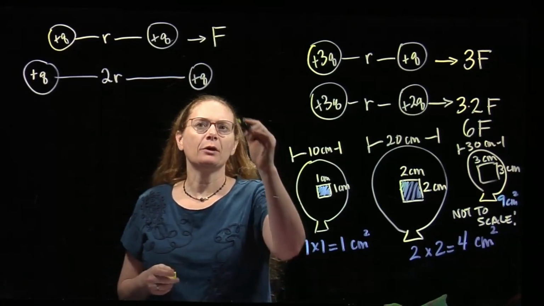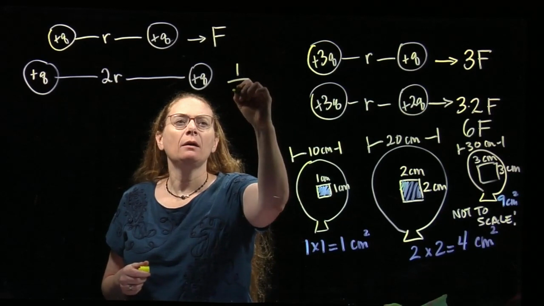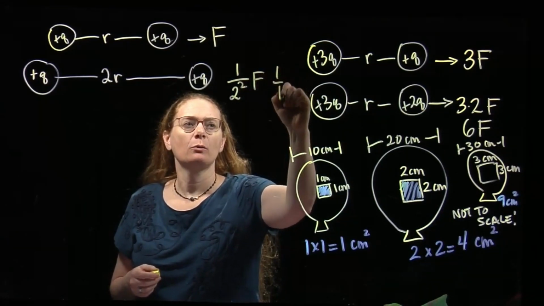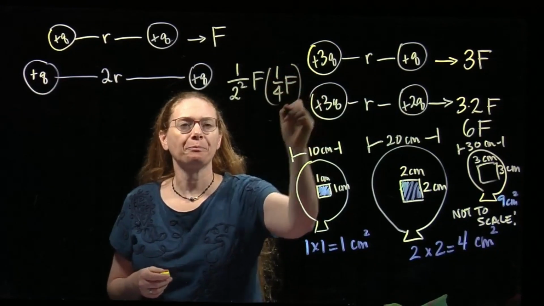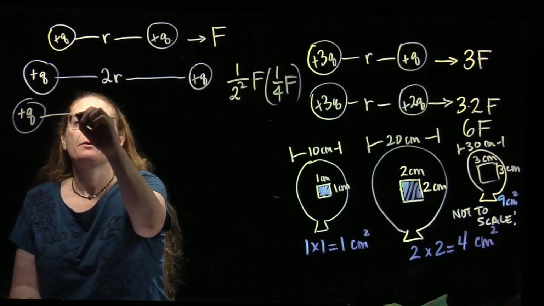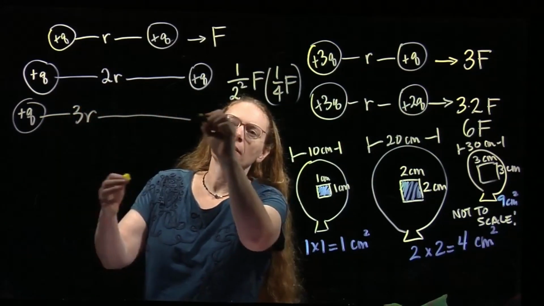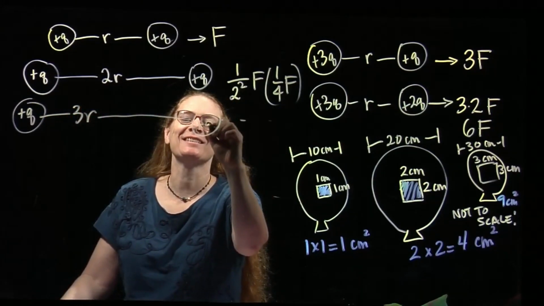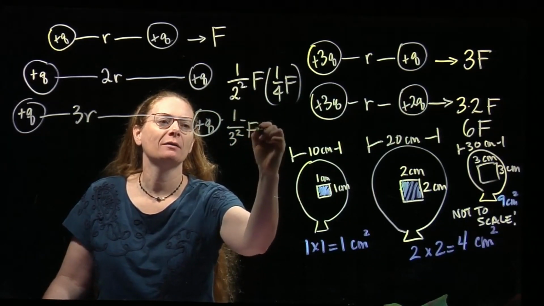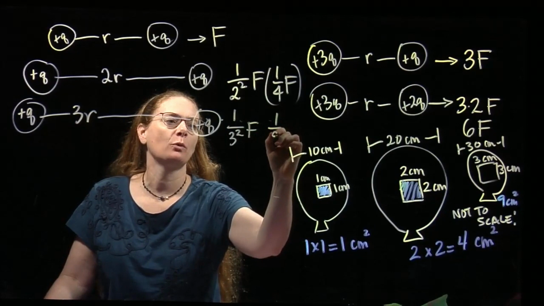This is where we have to go by the squared. We end up with 1 over 2 squared times the force, which is a quarter. If we triple that distance, plus q at 3r, it's 1 over 3 squared times the force, which is 1 over 9.